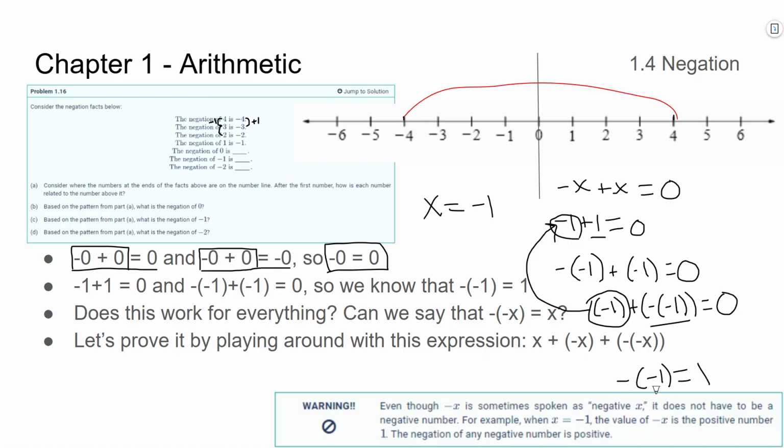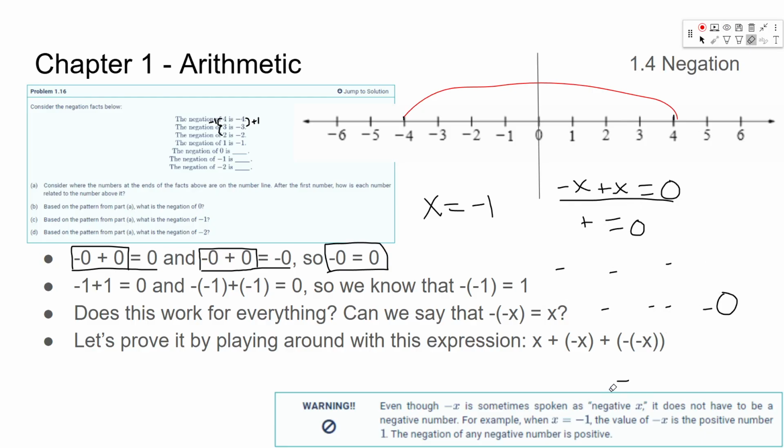So if -1 is equal to 1, then we can go back to our original negation here. Let's go ahead and erase some of this. Get this one here, and this one here, and this one here. It's like a fun little game now. All right, so back to our formula here.